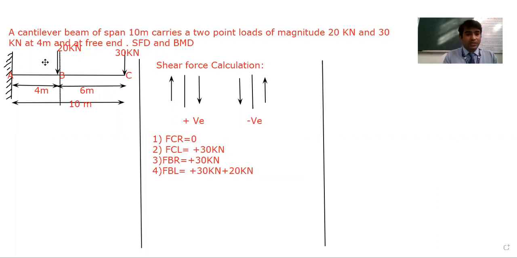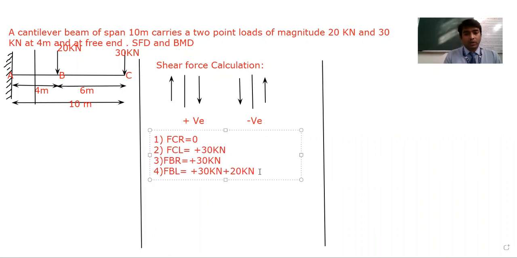Now we will shift this section to the left side of B. We have transferred the XX section to the left side of B. If we consider the sign convention, the right force is positive, just like this sign convention, so it is also positive. So that will be equal to 50 kilonewton.